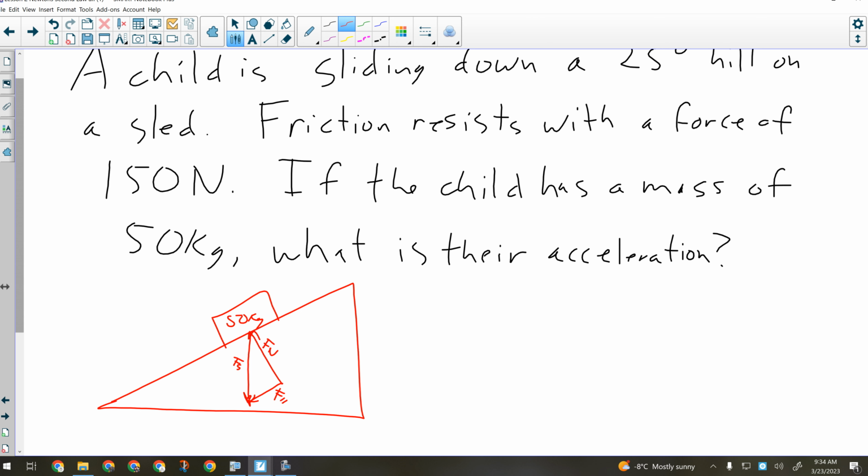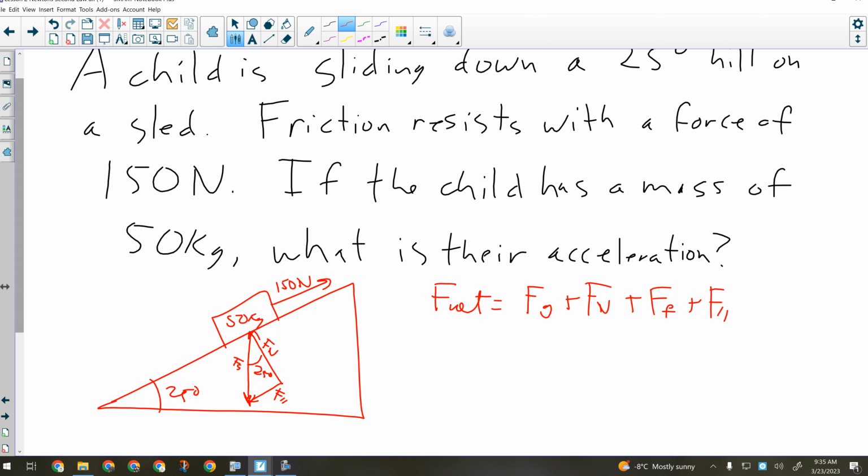Now the confusion that I see most of the time when we first start out with inclined planes is that when people go to calculate the net force, and we had 150 newtons worth of friction up the ramp, they're like, okay, I got to have F net, so F net is going to be FG plus F normal plus F friction plus F parallel.